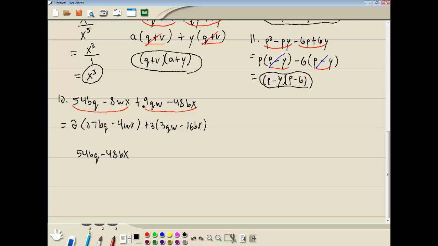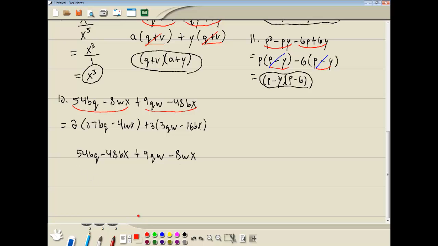The one that has Q, which is this one, I'll put first, and then I'll put the minus 8WX at the end. Just to recap, I looked for ones that had the same letter, B and B, and then arranged it however you want. Then notice what the other letter was, QW and X. So over here I made sure that Q was first and X was second.